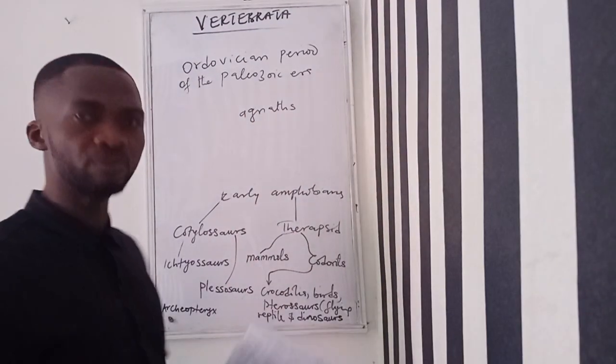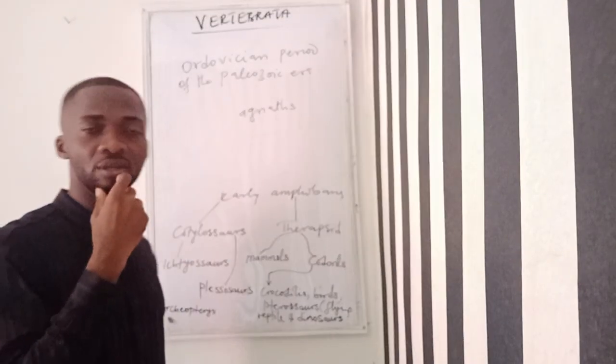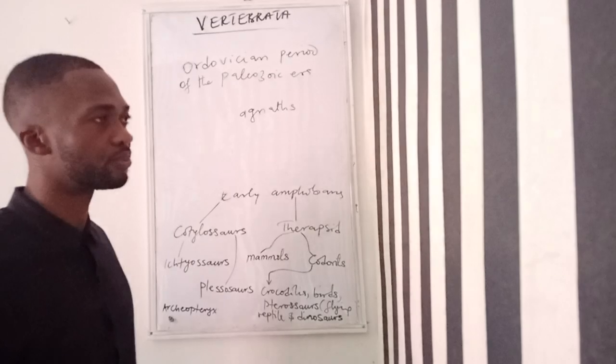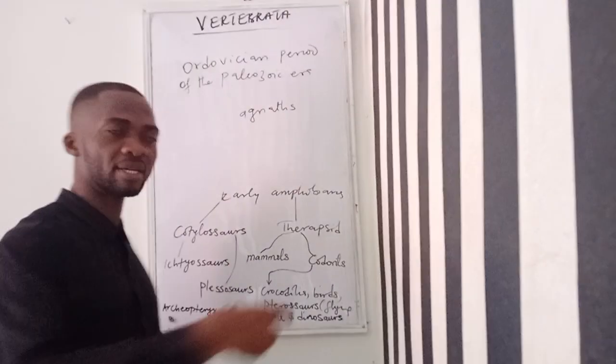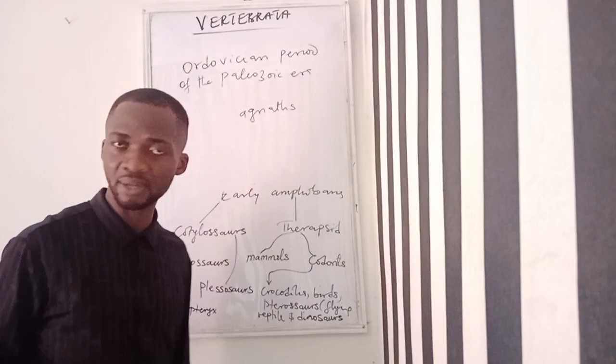So, according to fossil records, of course, I've explained that life on Earth is recorded on fossils. That's the remains of dead plants and animals.